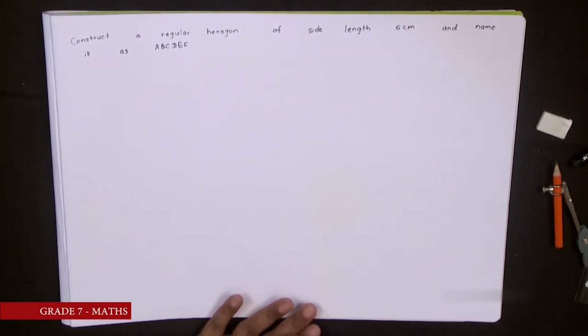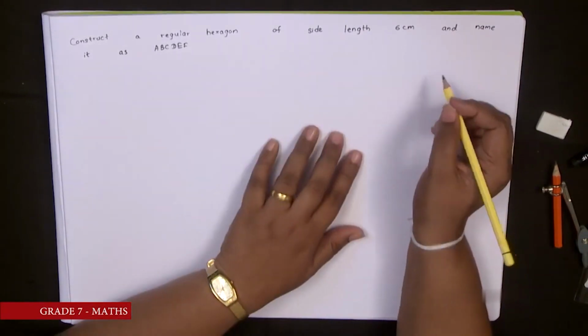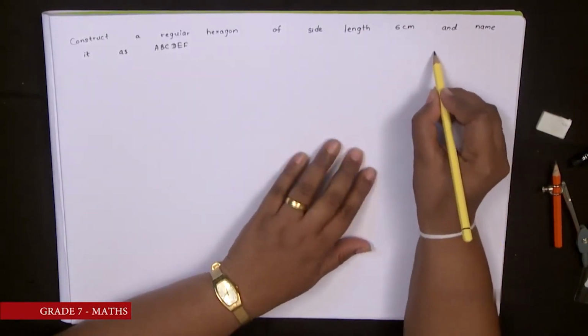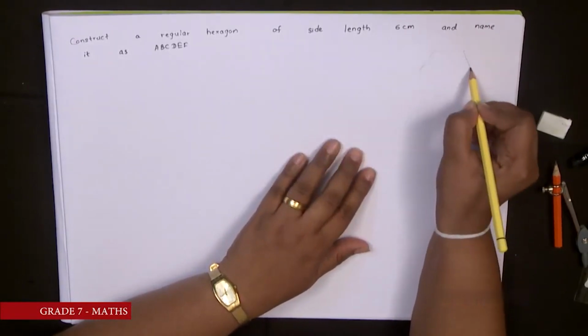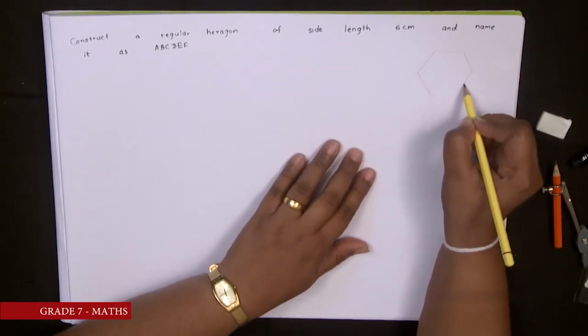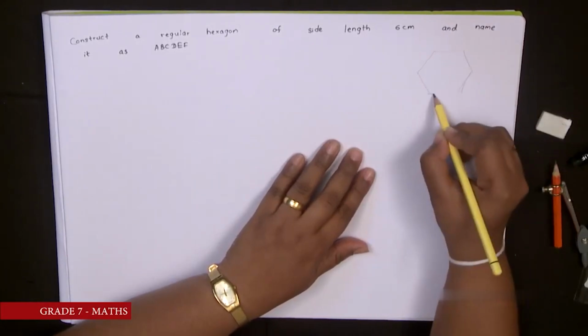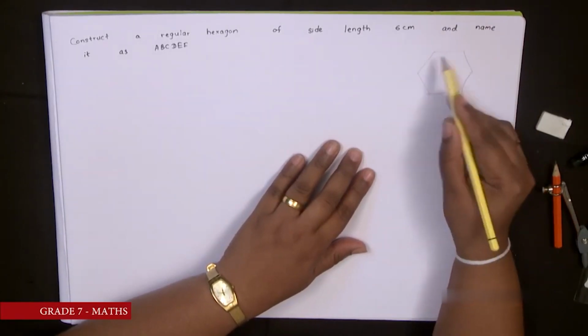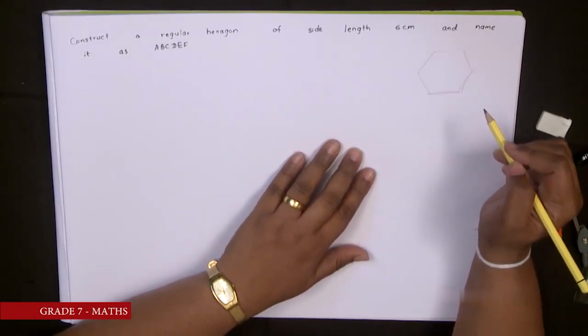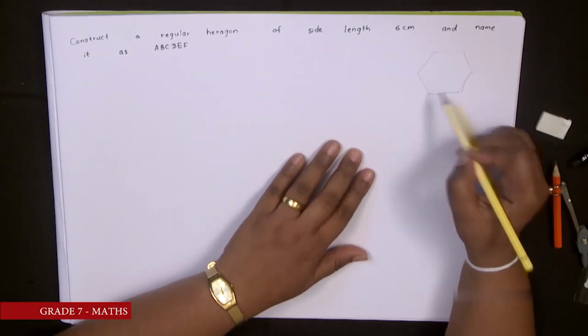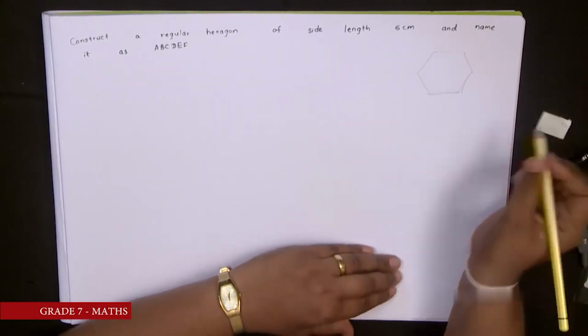Right. First of all, we have to draw the sketch of the regular hexagon. Using freehand, you have to draw the sketch. Now, a regular hexagon means all 6 sides are equal in length. So, now I have drawn a regular hexagon.